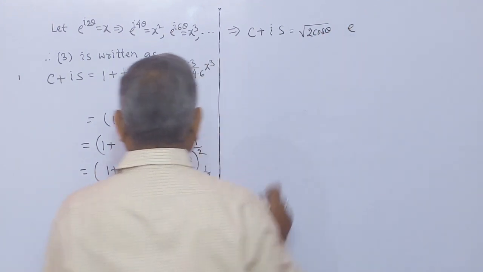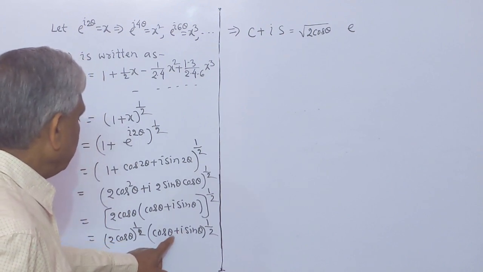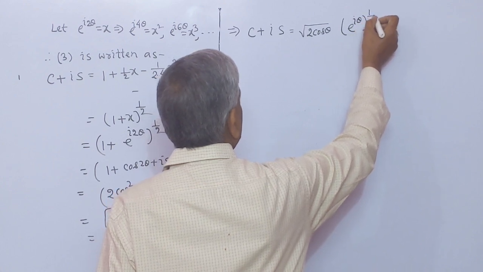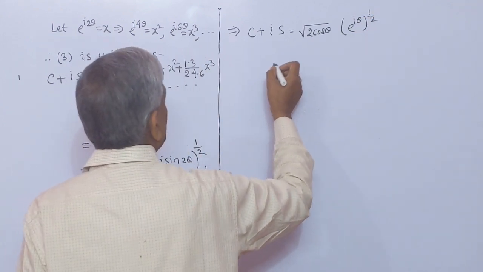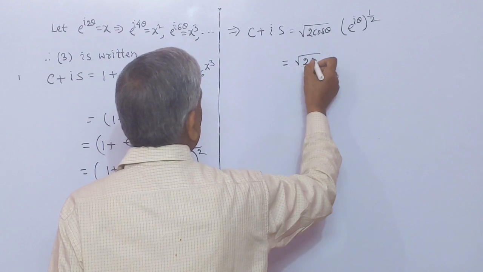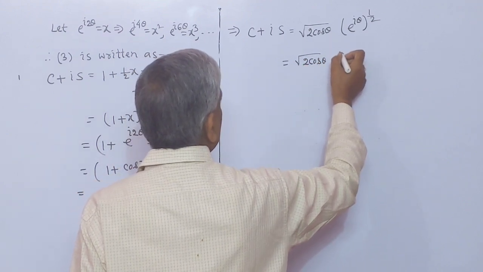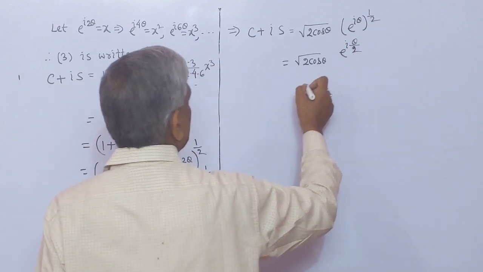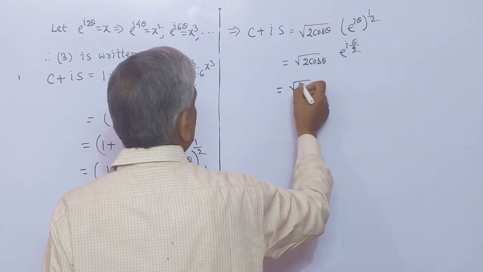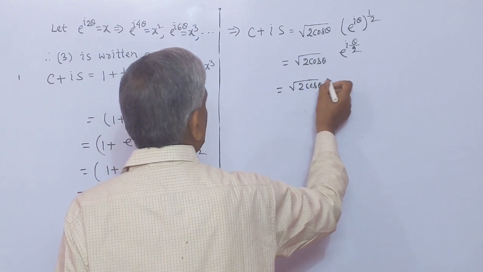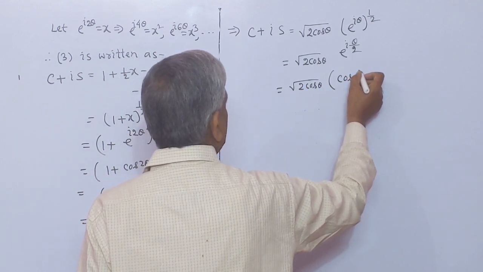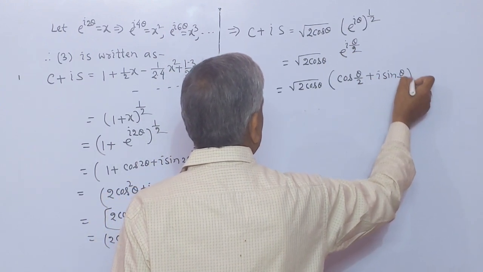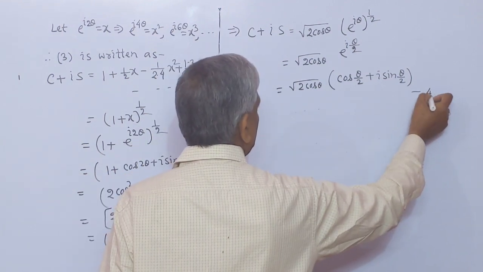This is e to the power, cos theta plus i sin theta is e to the power i theta, to the power half. This is equal to square root 2 cos theta, this is e to the power i theta by 2. This is equal to square root 2 cos theta, this is cos theta by 2 plus i sin theta by 2. This is number 4.